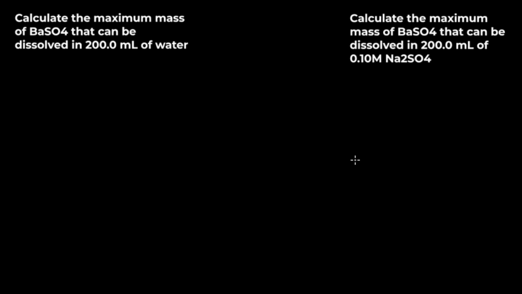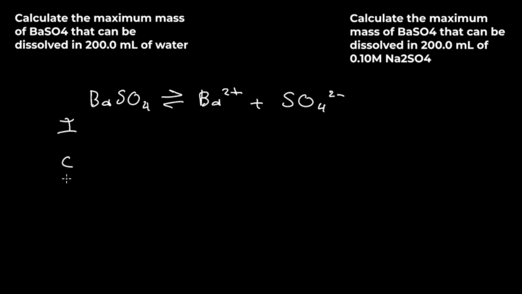I like to use an ICE table for this, so I'll quickly make an ICE table up. Ba2+ and SO4 2-. So, of course, BaSO4 isn't going to matter here because it's a solid, and it's not in equilibrium expressions.